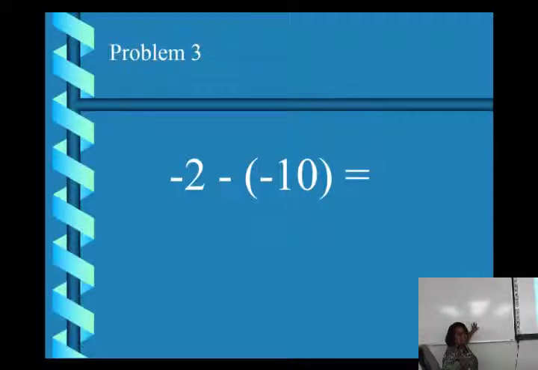So this becomes plus a positive. So this will be -2 plus positive 10, and just use my rule: plus the opposite. Well, what's plus the opposite? It's plus a positive 10. This is going to be positive 8.